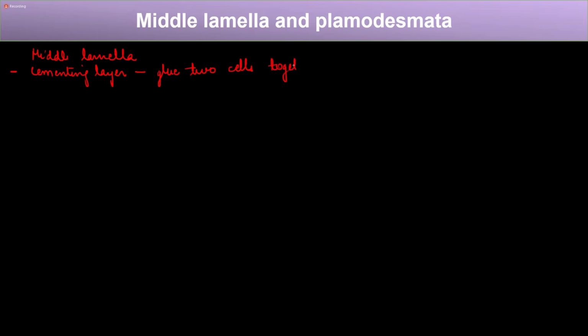And where is it present? It is present between two neighboring cells, and hence it acts as a glue between two cells, right?